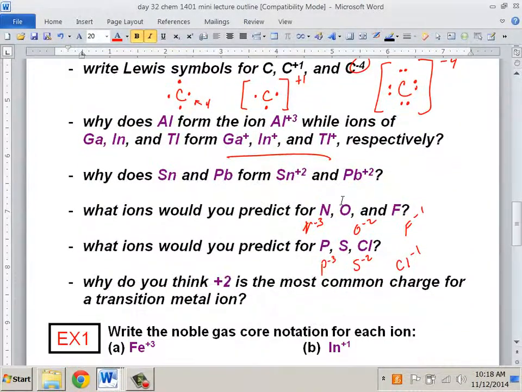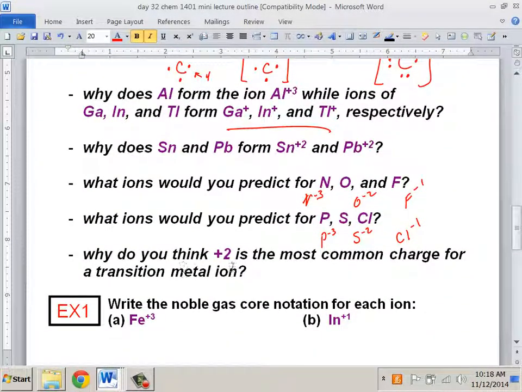So why, Megan, would +2, out of all the possible numbers, be the most common one? Could you argue? Yeah, stable at 5 and 2, but I think the reasoning you're supposed to give is that all these transition metals have one thing in common.